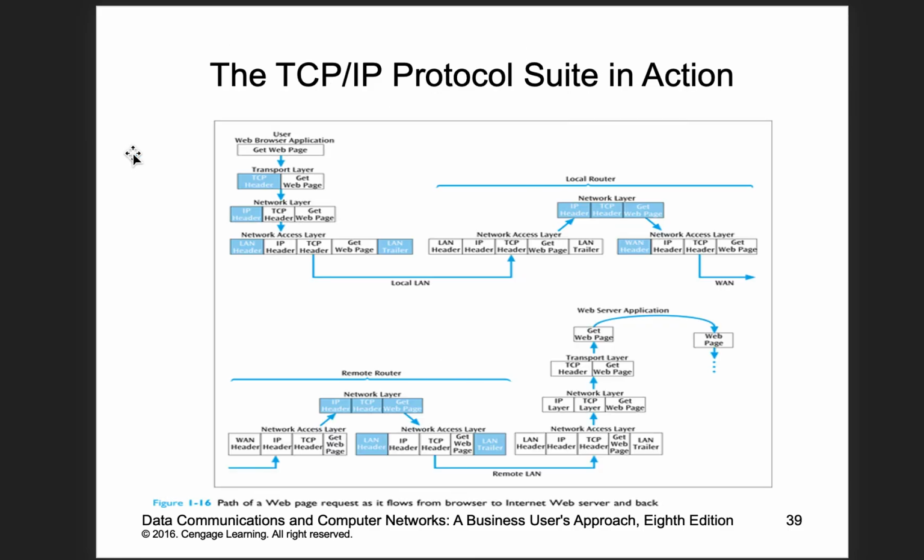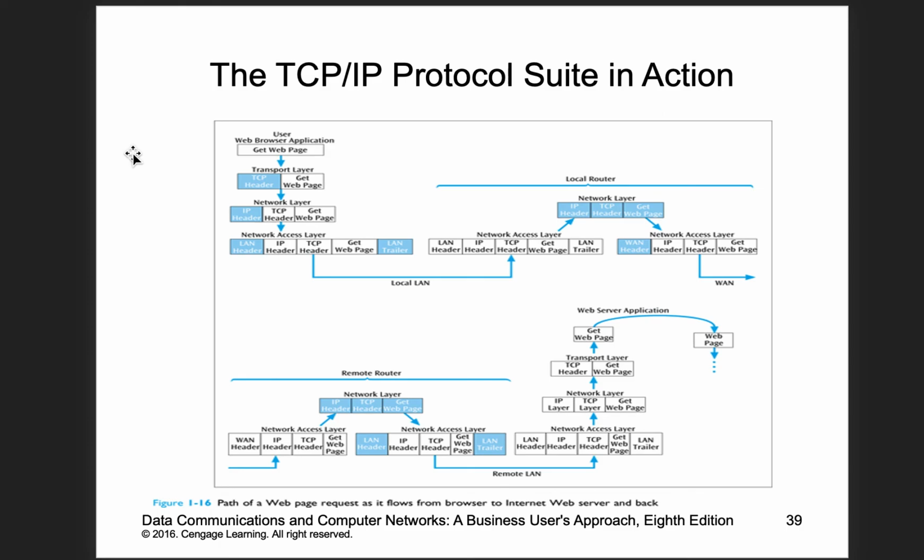Okay. So now we have a clearer view of the TCP/IP. On the top left hand side, for example, a user wants to get to a website. Once putting in the URL, from the user side, the signal will flow down over the transport layer where we have the header for TCP, which is the transmission.